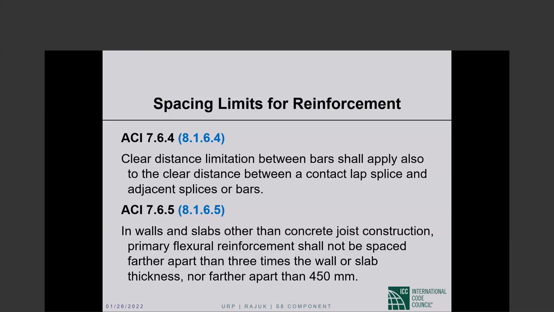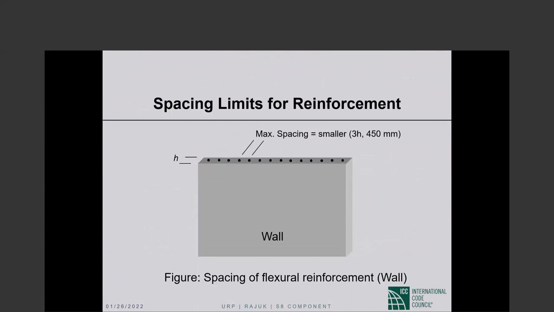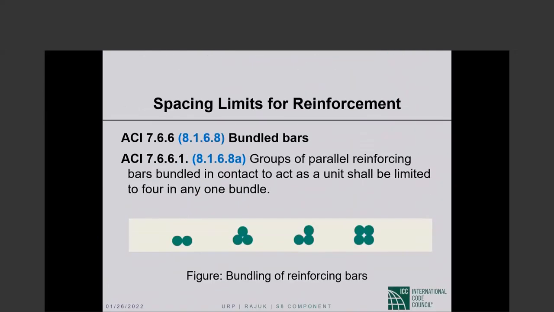Now here, this is much more general. In walls and slabs in general, the spacing shall not exceed 3 times the wall or slab thickness, nor 450 millimeters. So if it is a wall, maximum spacing is the smaller of 3 times the thickness or 450 millimeters.